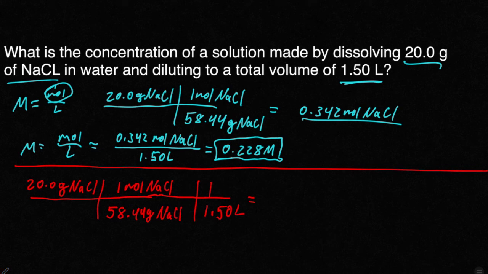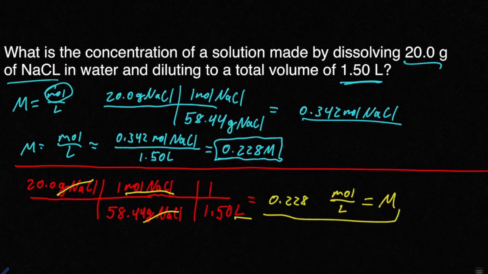What we'll notice here, the grams of sodium chloride cancel, and we're left with moles per liter, which is equal to molarity. So our answer, 20 divided by 58.44 divided by 1.5, is again 0.228 moles per liter, or molar.